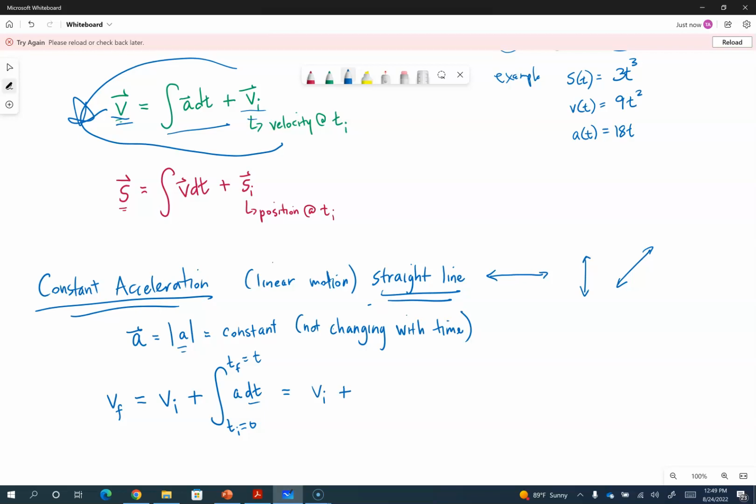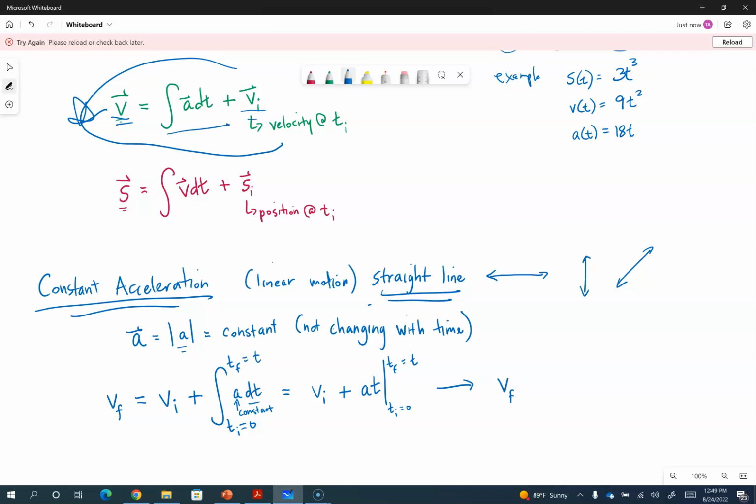Plus, well, if a is a constant, when we integrate a constant, we simply get the constant times the variable. When we put in our limits of t initial being 0 and t final being t, this equation ends up looking like this.